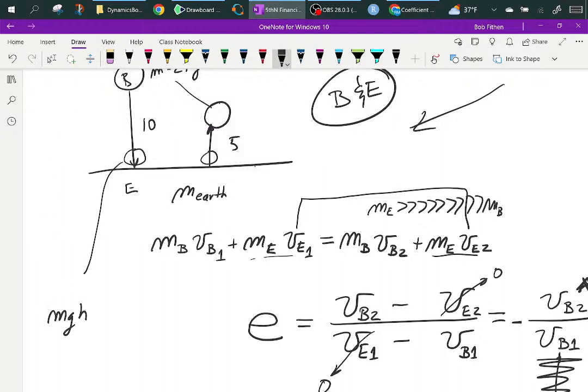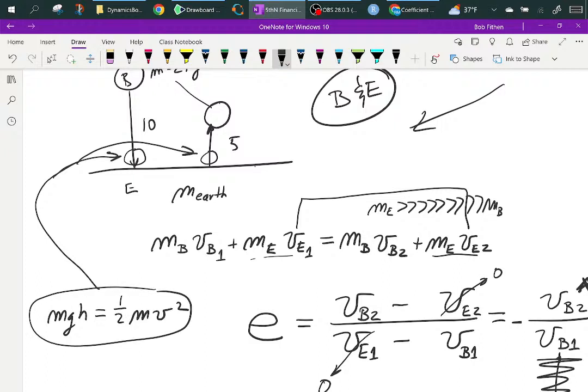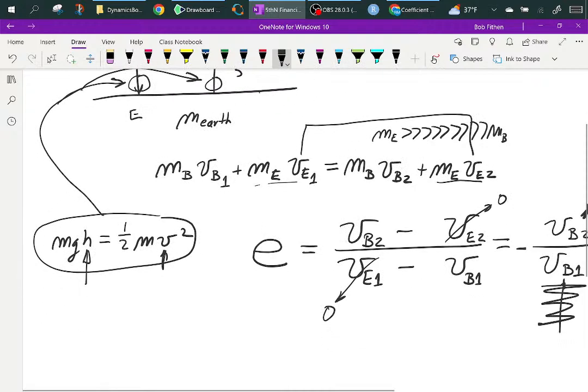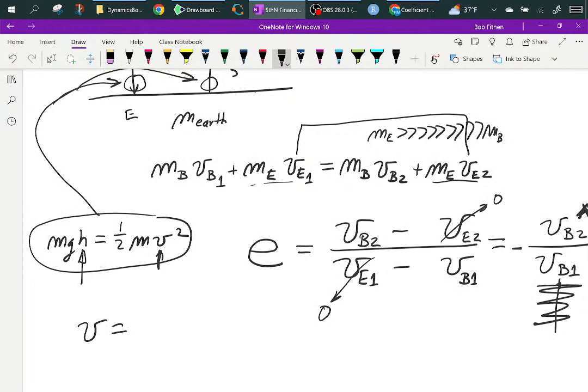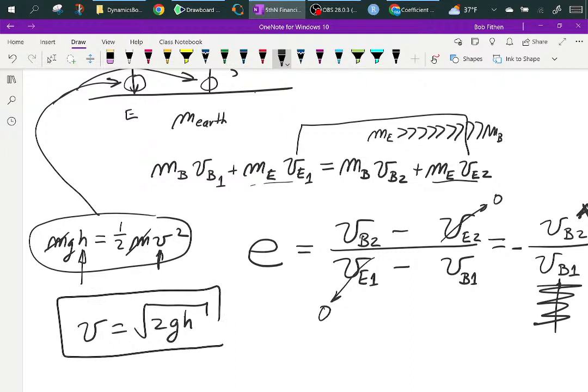And then you say you have all the kinetic energy here and here, and it's 1/2 mv squared. So this is the equation that tells you, if I drop a ball from a certain height at rest, what the velocity is. So it turns out V is, okay, it's convenient that those drop out, 2 comes over, and the square root of 2gh. You'll see this equation over and over and over and over. It haunts you, but it's okay.